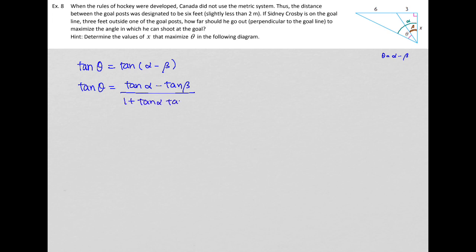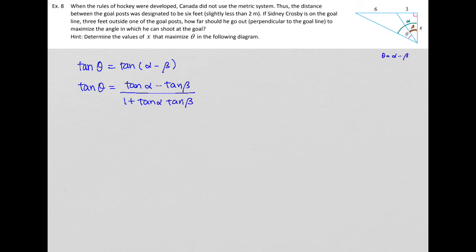Since theta equals alpha minus beta, then tangent theta equals tangent of alpha minus beta. Then we're going to use the compound angle formula for tangent of A minus B. So tangent of alpha minus beta becomes tangent alpha minus tangent beta over 1 plus tangent alpha times tangent beta.